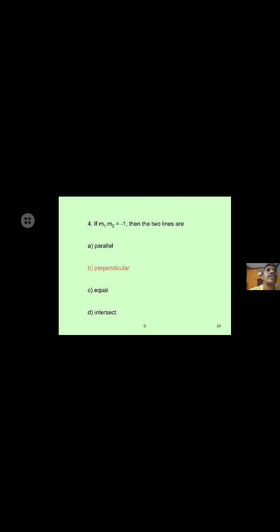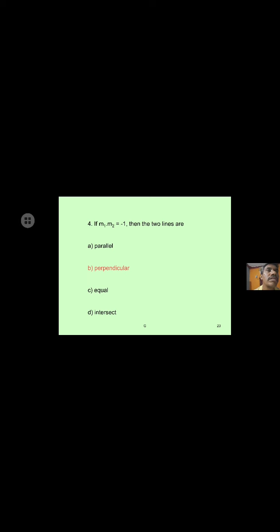So in the equation of line 1, we can say the slope is minus 3 by 4. In the second line, 4x minus 3y plus 9 equals 0, if we find minus a by b, it is minus 4 by minus 3, that is 4 by 3. So in the first equation we have minus 3 by 4, and in the second equation we have the slope 4 by 3.